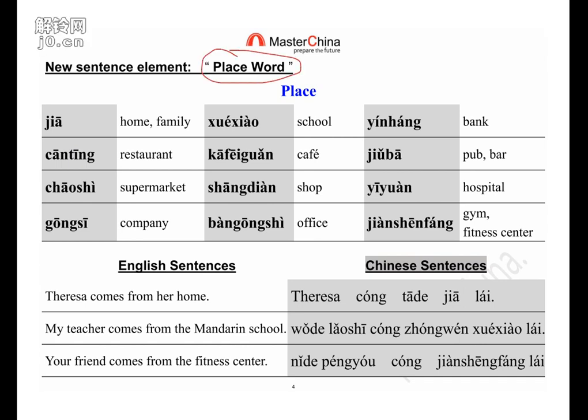So the places we have: 家 home, family. 家, 餐厅, 超市, 公司, 学校, 咖啡馆, 咖啡, so coffee place, 商店, 办公室, 银行, 酒吧, 医院, 健身房.